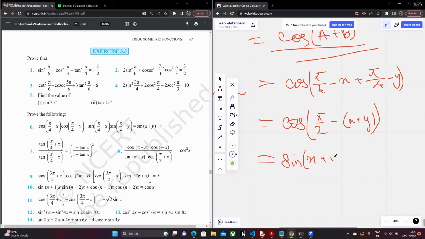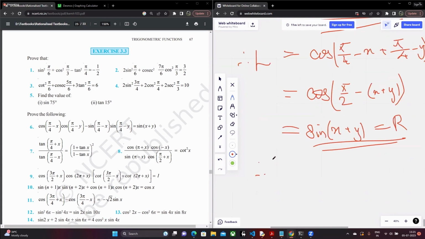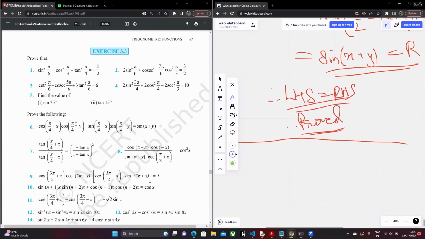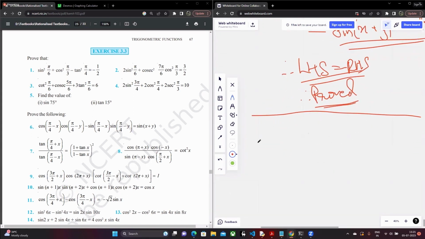You all know this. Cos of 90 minus theta is sine theta, which is the right hand side expression. Therefore, LHS is equal to RHS. Thus, that is question number 6. Number 7.